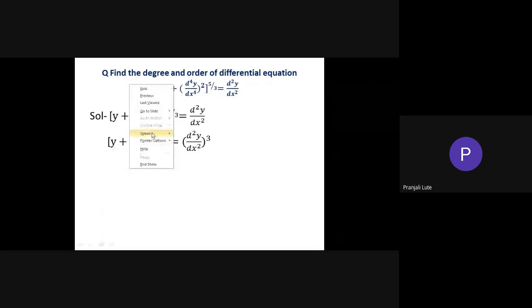Your differential equation is y plus (d to the power 4 y upon dx to the power 4) to the power 5 equal to (d square y by dx square) cube.